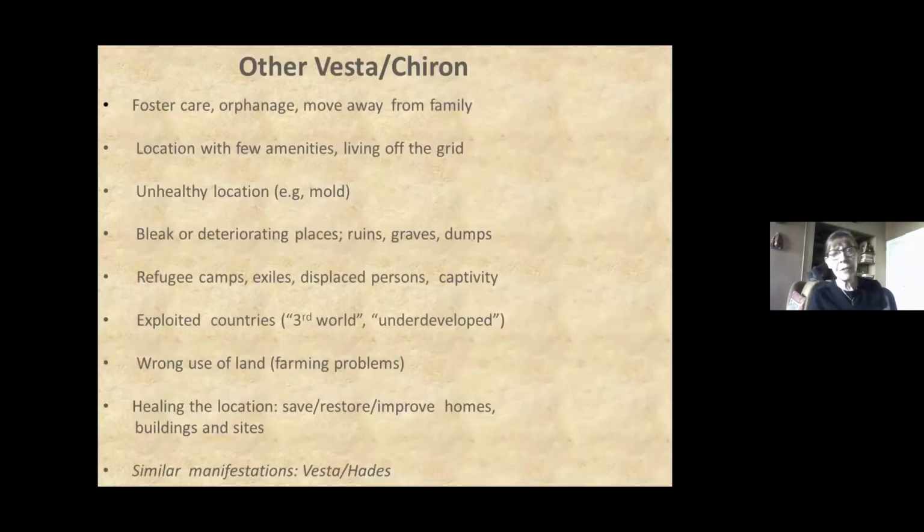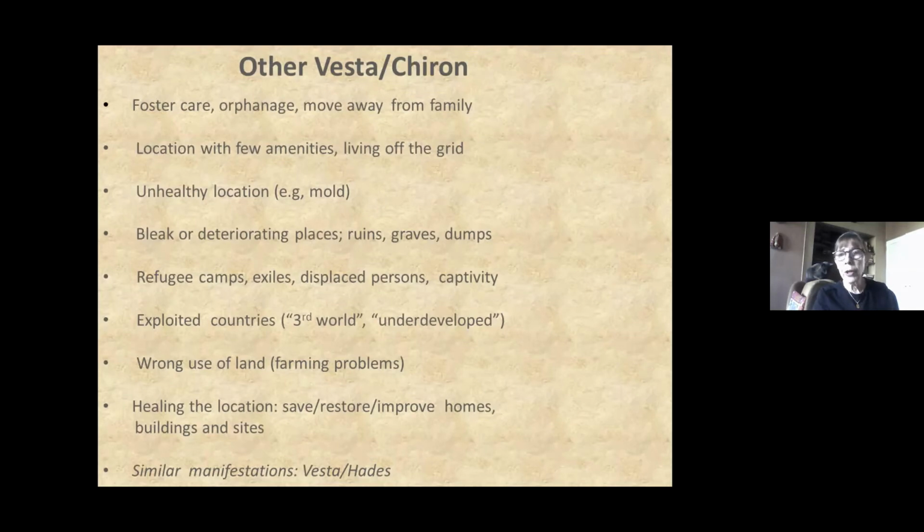The other meanings of Vesta Chiron are foster care and orphanage, a location with very few amenities, living off the grid, an unhealthy location, for example, like the moldy apartment, bleak or deteriorating conditions, including ruins and graves and dumps, refugee camps, exiles, displaced persons, captivity, exploited countries, what we call third world and underdeveloped.